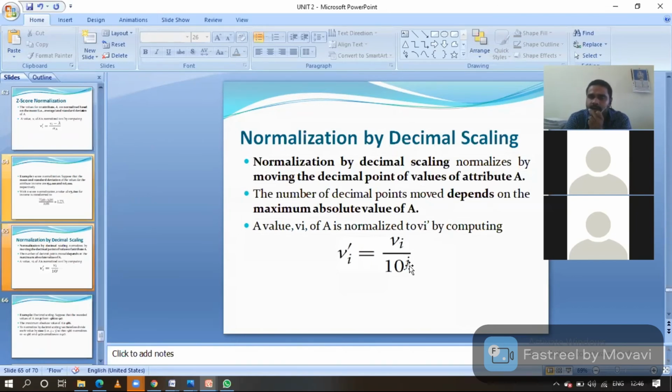How we get the 10 power j depends upon the maximum absolute value of A. Suppose the maximum absolute value is 979. What is the nearest 10 power value? That is 1000, guys. We are going to divide that one by 1000. Then we will get the new modified value for that particular attribute value, right? This is the formula for that one. Let us see one example, guys, then you can easily understand that one.